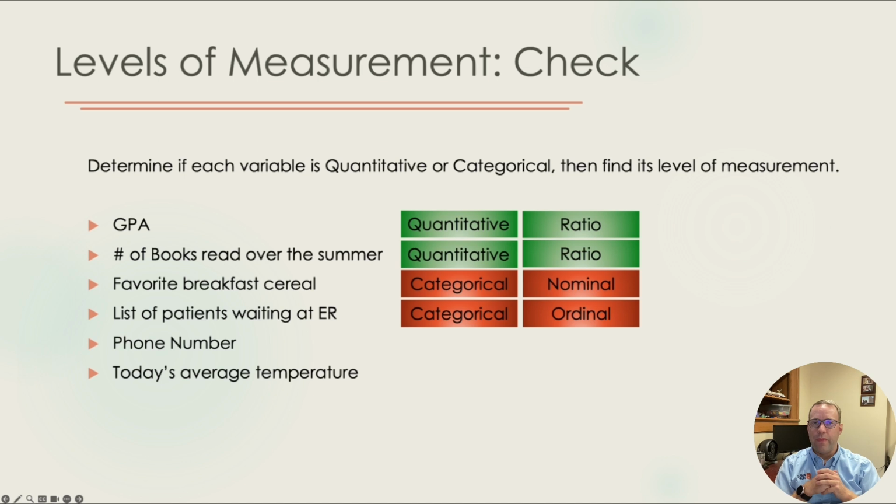Your phone number. Well, careful. Okay, a phone number is a number, but that number, you can't take an average phone number. It doesn't make any sense. Really, the phone number is just an identification to tell the phone which phone you want to call. Okay, if I call your phone number, I'm just putting into my phone, I want you to go to that phone.